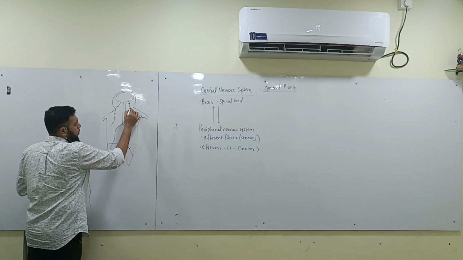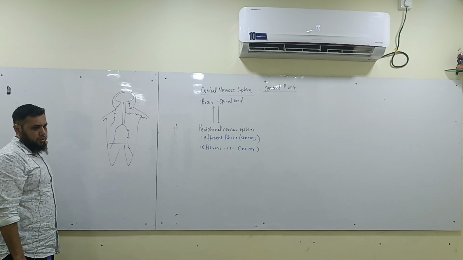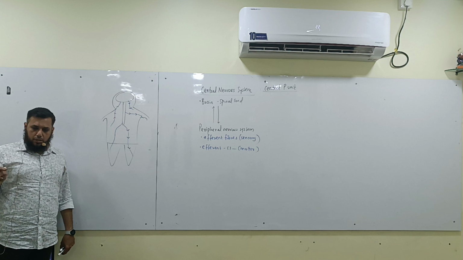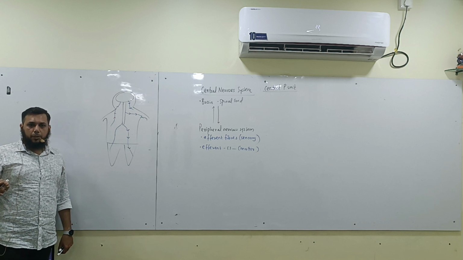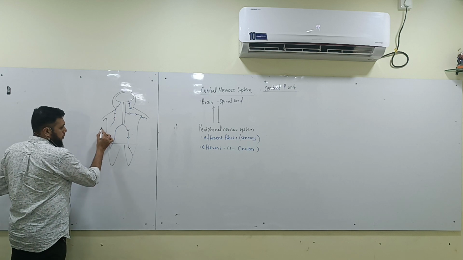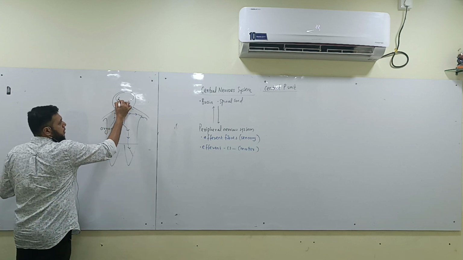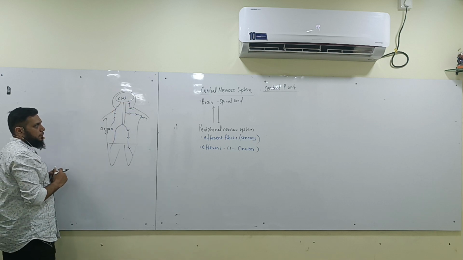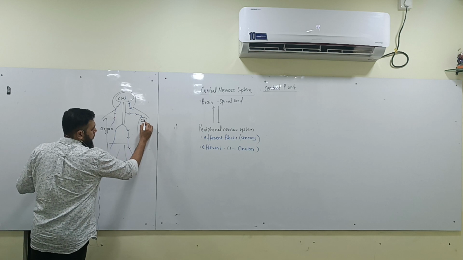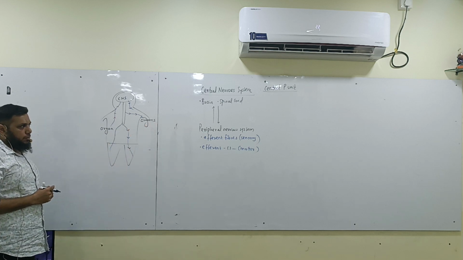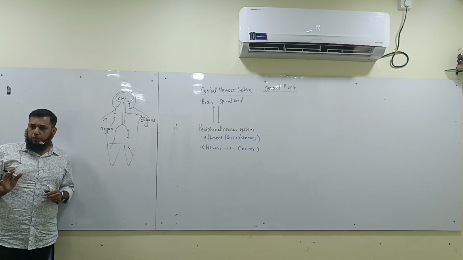And they are called what? Efferent. So what are the two types of fibers? Afferent fibers and efferent fibers. Afferent matlab they carry the signals from the organ to the CNS. And efferent or motor are the ones which carry the signal from the CNS towards the organs. Did you get the meaning of the word?